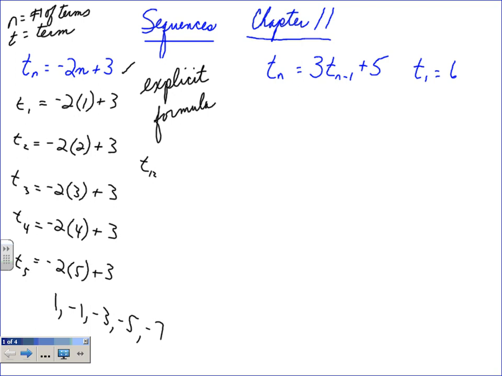It would simply be negative 2 times 120 and then plus 3. Negative 2 times 120, that's negative 240, so the answer is negative 237. Okay, so it'd be real easy to do. And that's called an explicit formula.